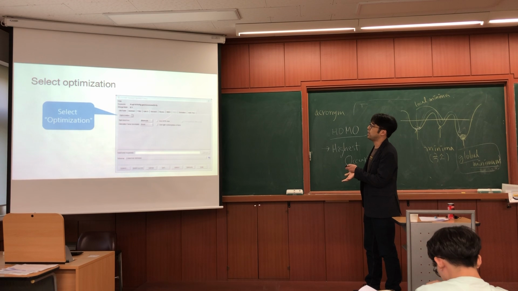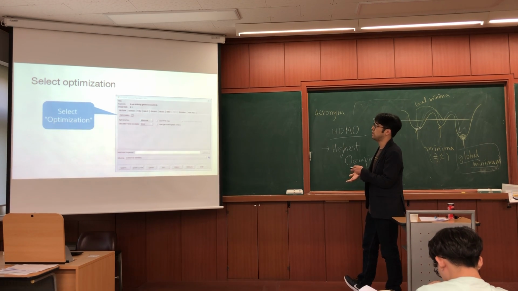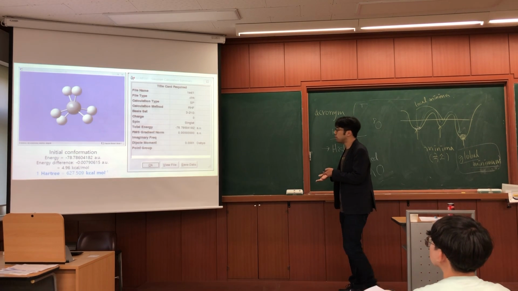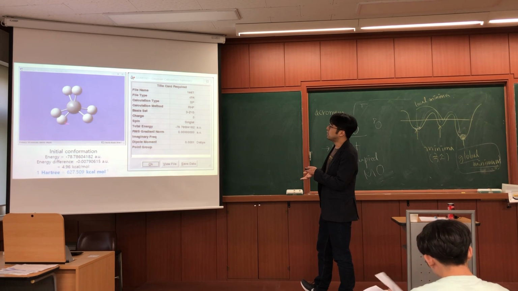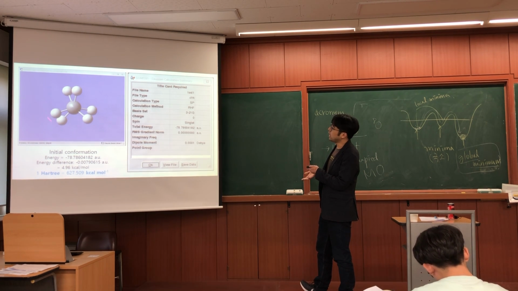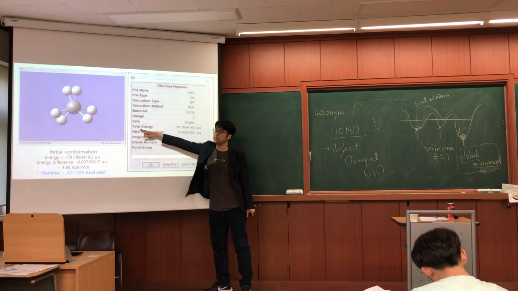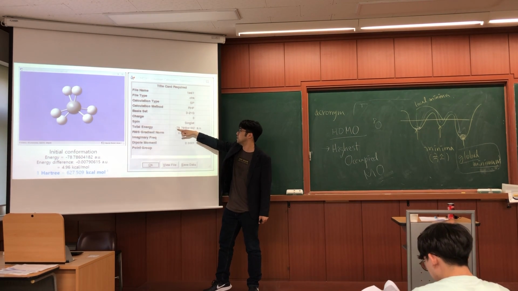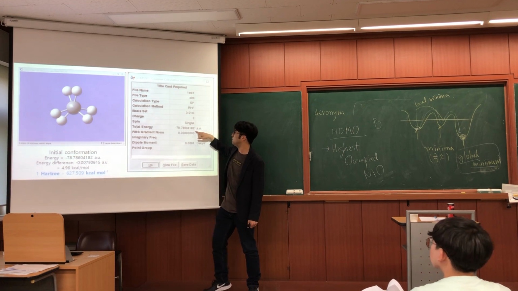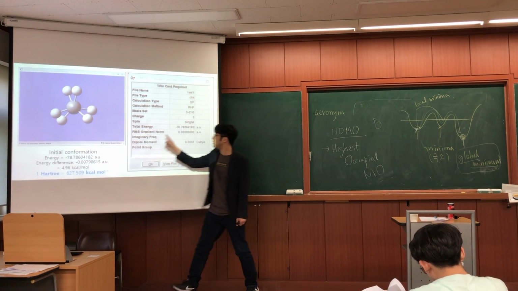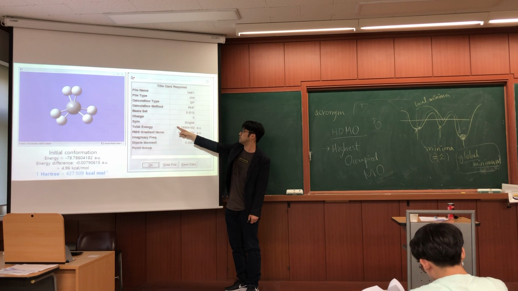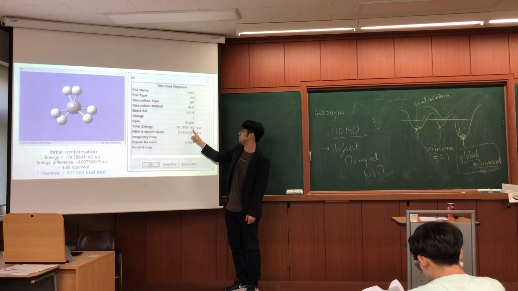Since we're going to do this on Friday, I'll skip here. If you run the calculation, Gaussian gives you the energy of this structure. The energy is written as minus 78.76, blah, blah, blah.